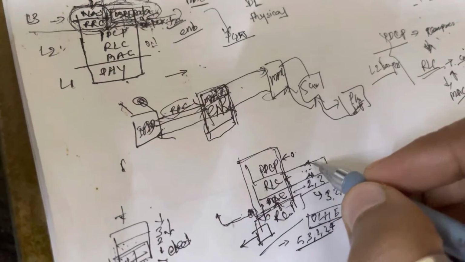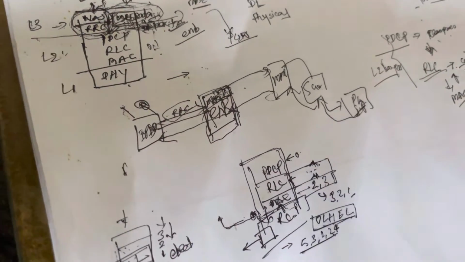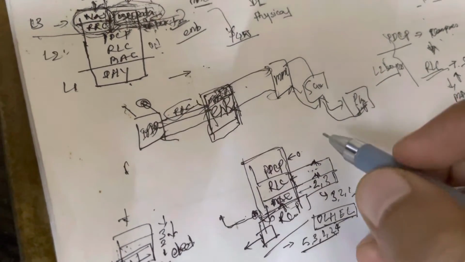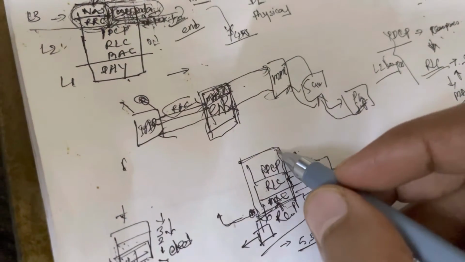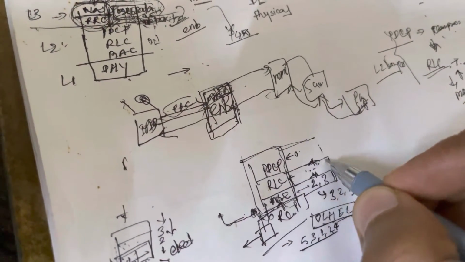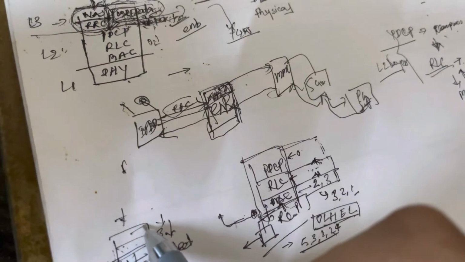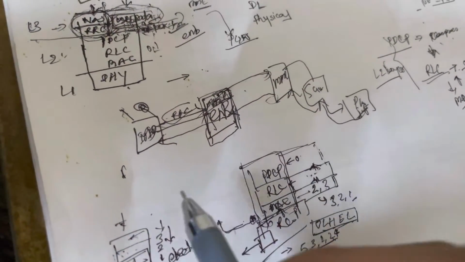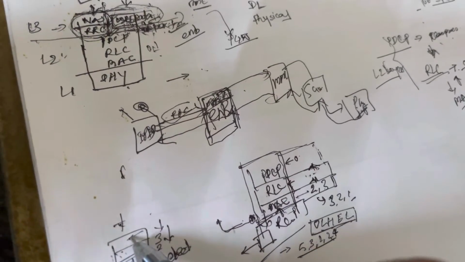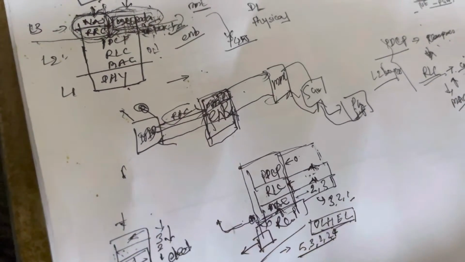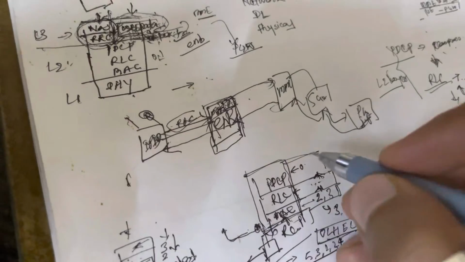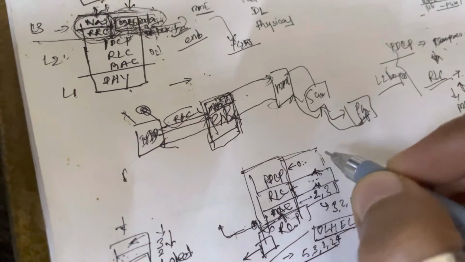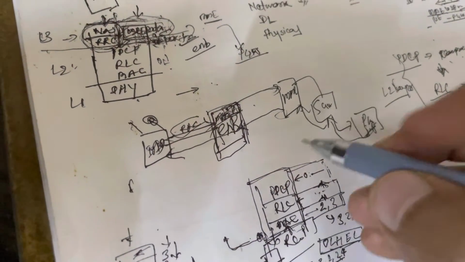So after decoding the data and performing its own work, it will forward it to PDCP. Suppose there it performed compression, then here it will perform decompression, and then forward it.